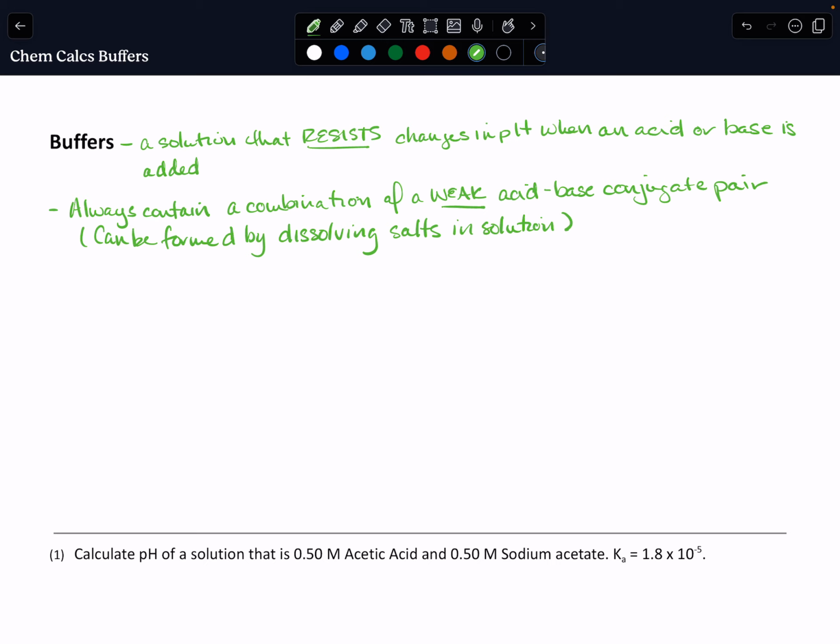So when I dissolve the sodium acetate, that produces acetate ions for me, which is my conjugate base. So then that plus the acetic acid would give me a buffer. All right. And as I said, you cannot include conjugates of anything strong.